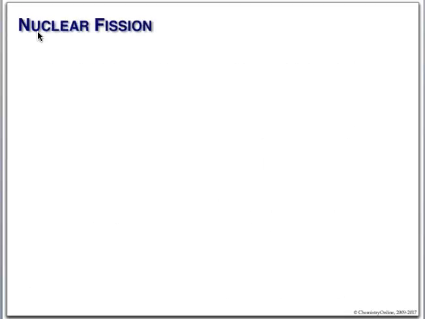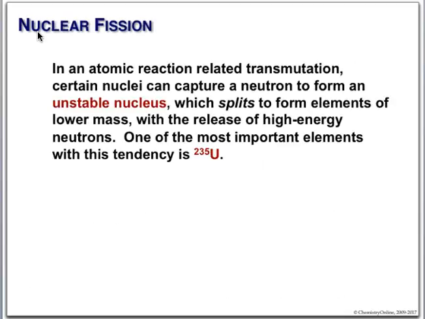Now this is kind of neat. This leads us to the concept of nuclear fission. Once again, chapter 12. But, just as an intro, one of the most important elements with this tendency is uranium-235.